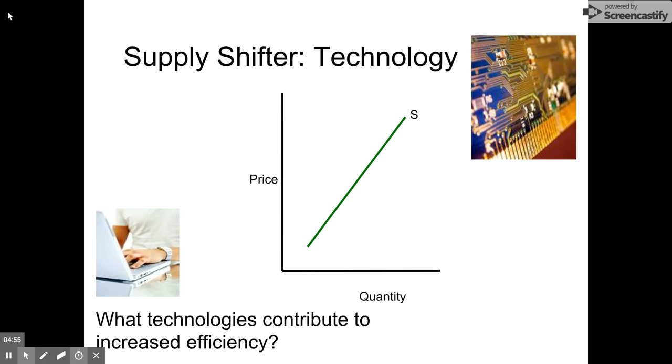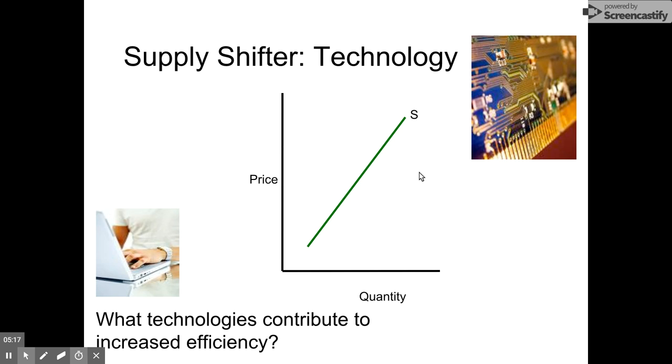Technology. The internet made us all much more productive. And so technology caused companies to not have to hire as many workers. Workers are a large cost. And so that's labor. And so technology made their workers more productive.